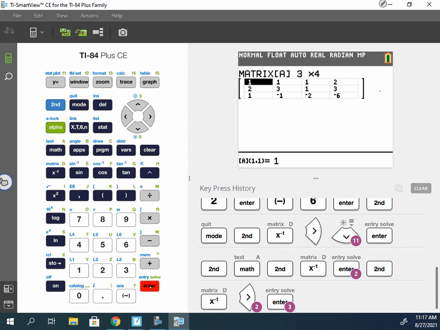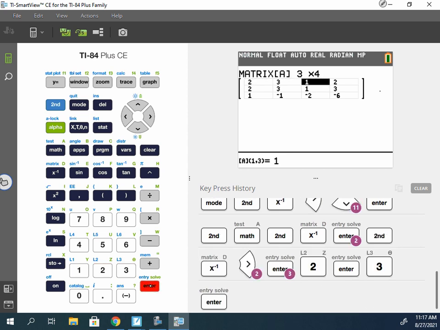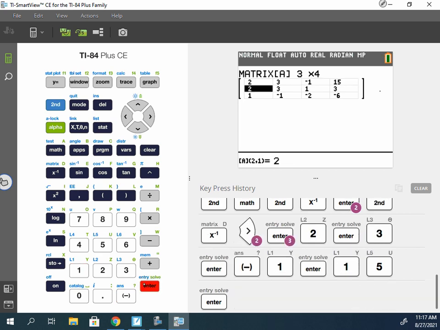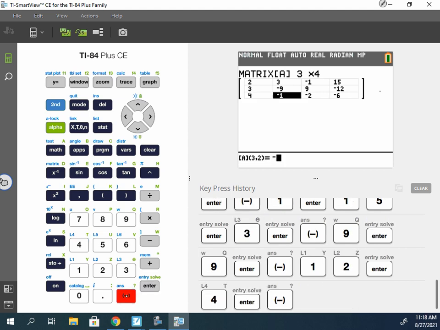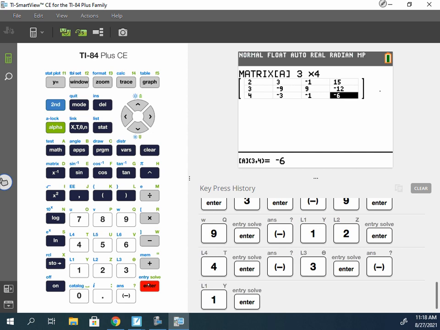And then we go over to edit and hit enter to put it into matrix A. And we'll have 2, 3, negative 1, 15, 3, negative 9, 9, negative 12, 4, negative 3, negative 1, 19.